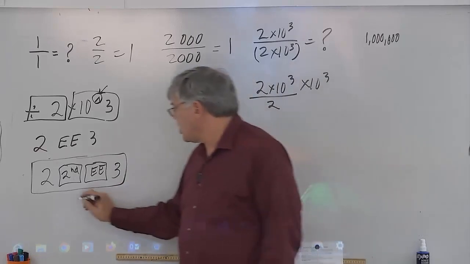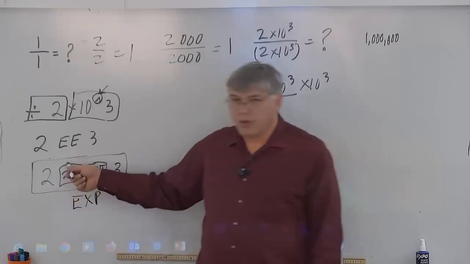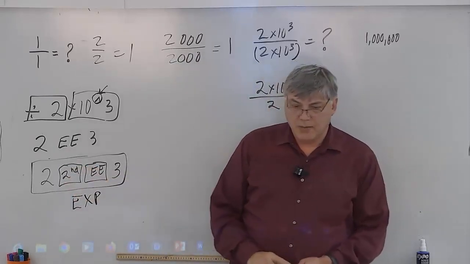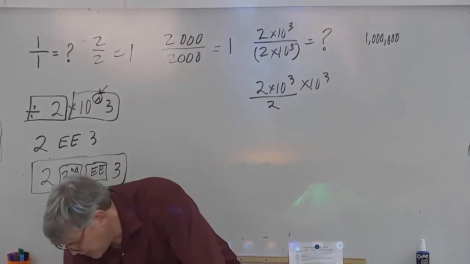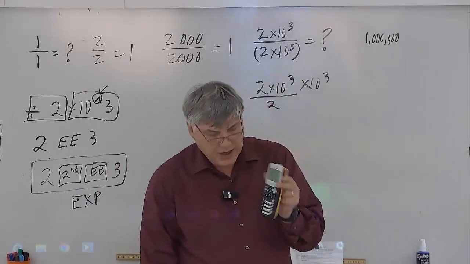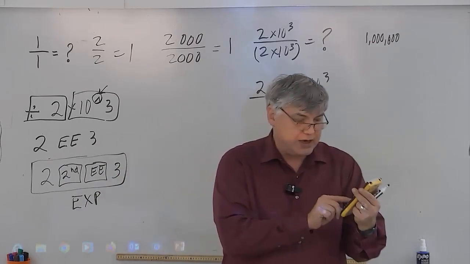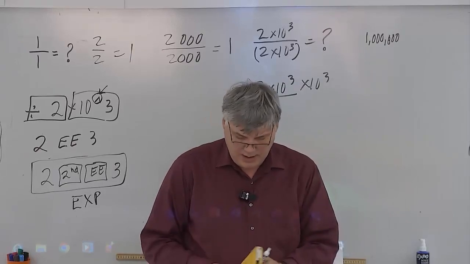Some calculators call it the EXP button, with or without having to hit the second. On my calculators, it's the second, and also the older TIs that the school uses, you have to hit second EE, and it's in about the same place above the 7 as well.